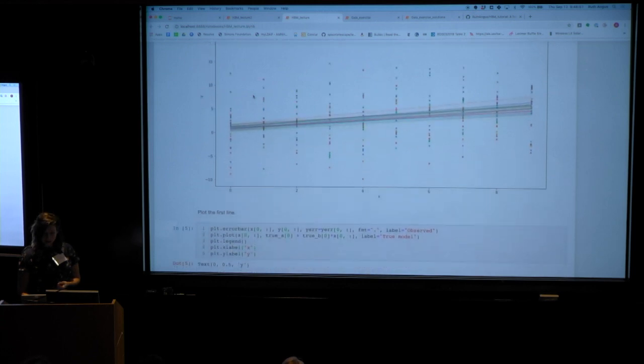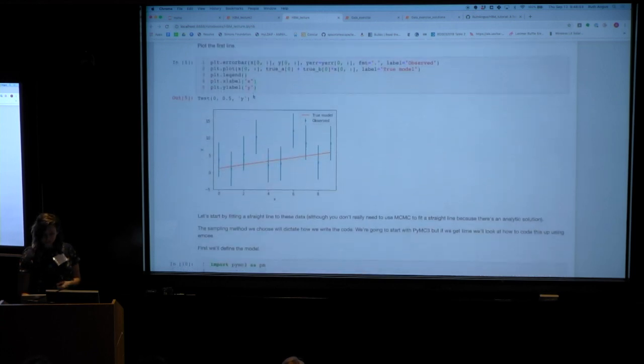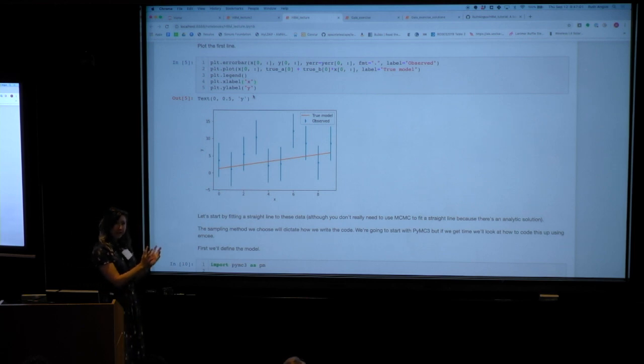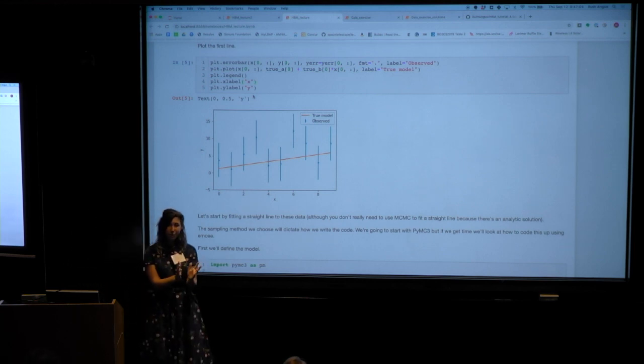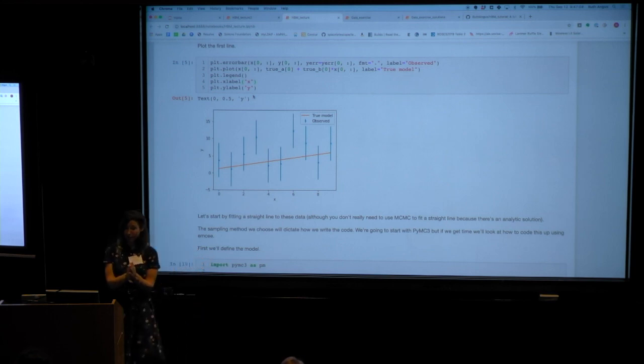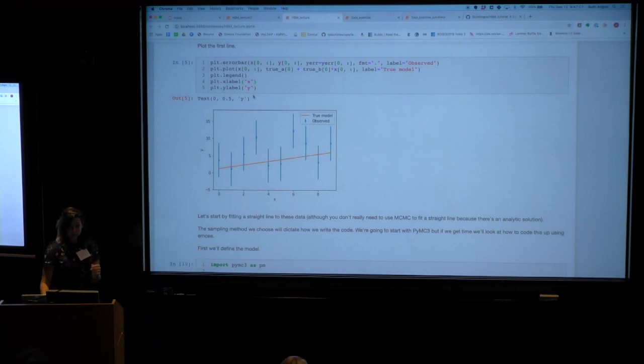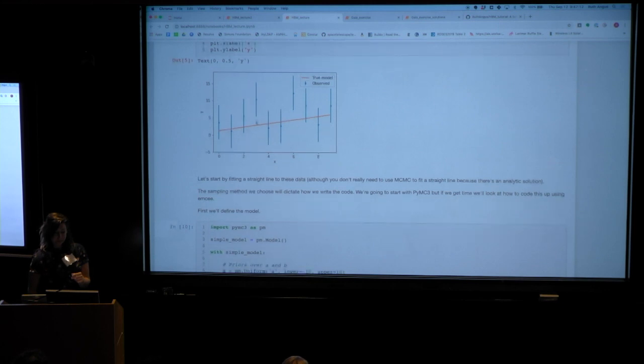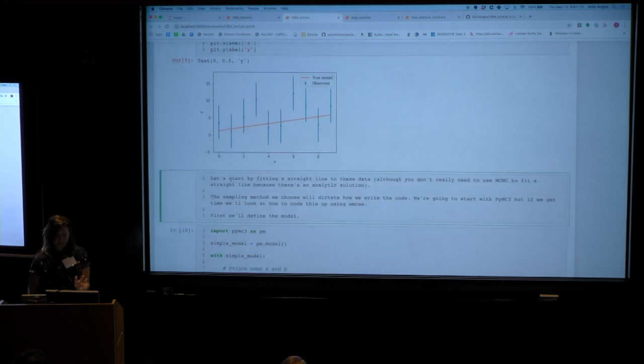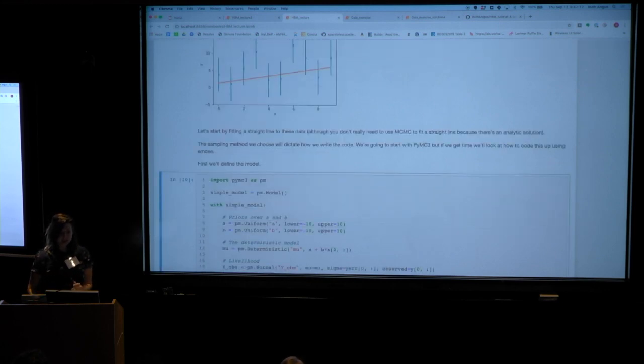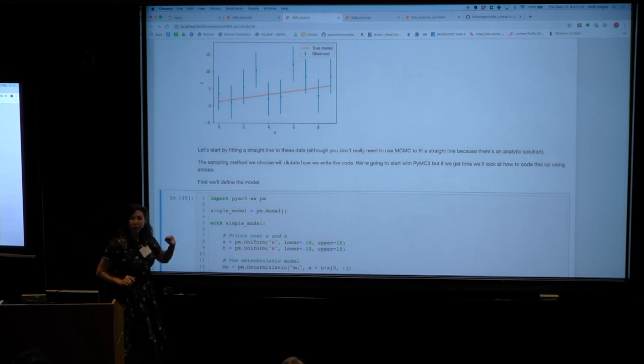Okay, so let's just take the first line to begin with. This has some value of A, the intercept, and some value of B, the slope, that is drawn randomly from the prior distributions. Okay, and we're going to fit this line to the data. So the orange is the true line.